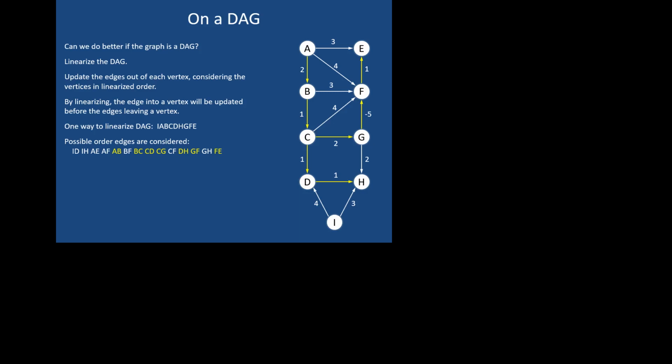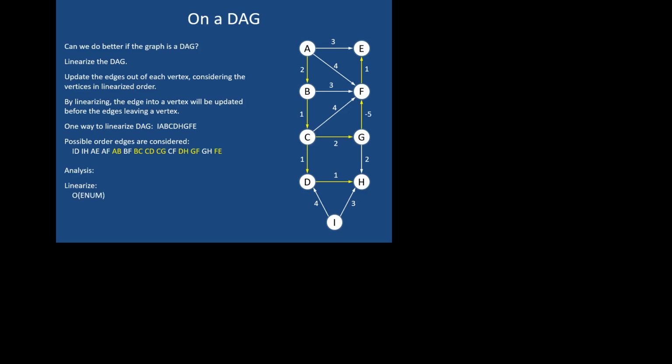So AB has to come first. Then BC comes next. Then we do C, and we get CD and CG in some order. It really doesn't matter which order they came in, and so on. So we've got this sequence. Every edge is updated, but we're guaranteed that the yellow edges are updated in the right order because of the topological sort. So that's a huge improvement over Bellman-Ford if you got a DAG.